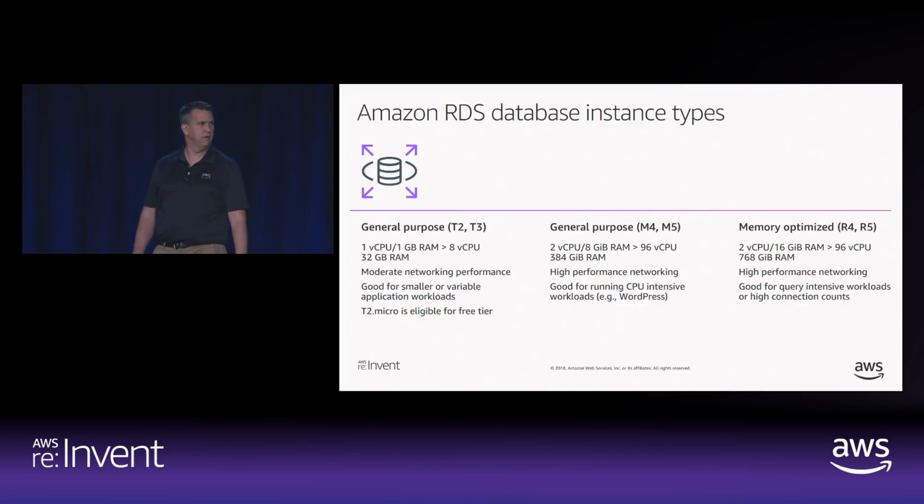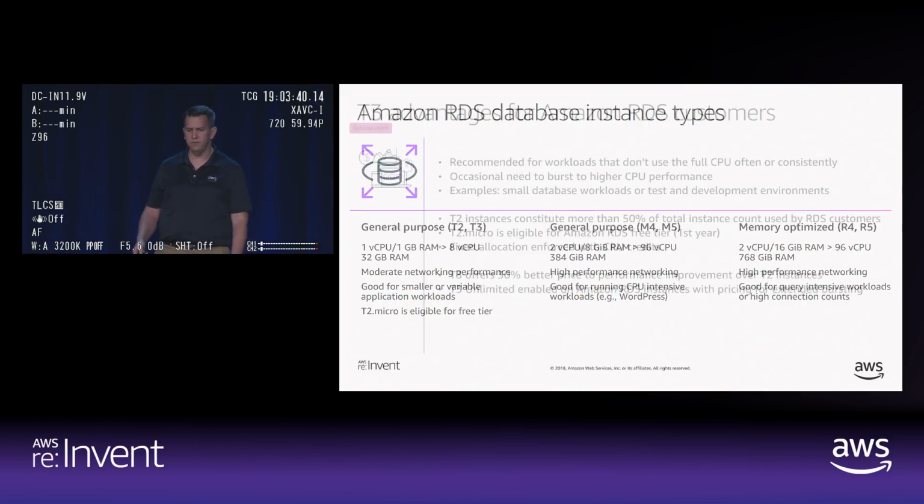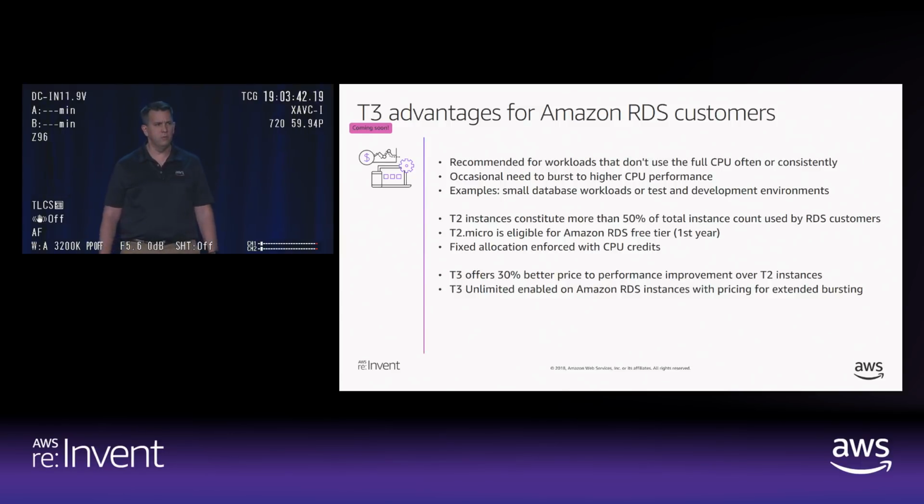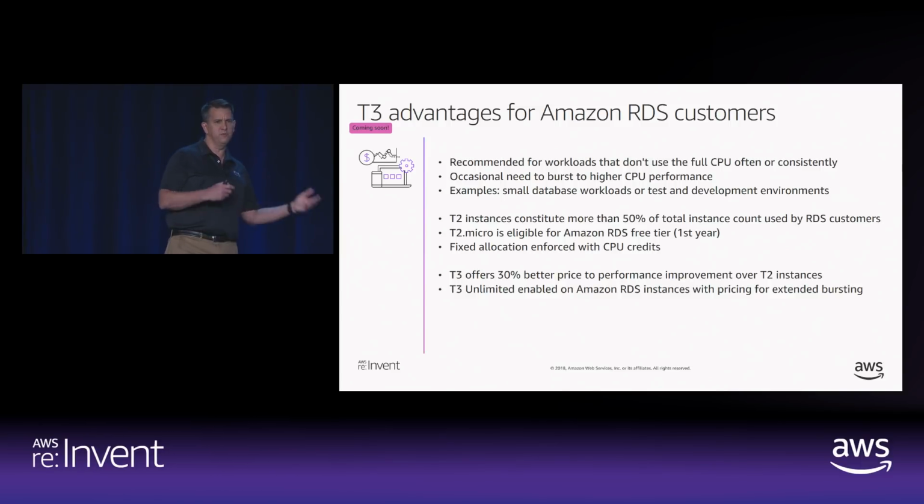And I'm going to focus on the T2 series, T2 and T3. So it turns out that while most databases, people create a lot of databases, it turns out that most databases really don't get run all the time. And for workloads that don't use the CPU all the time, which is most of them, the T2 and T3 are really great choices.